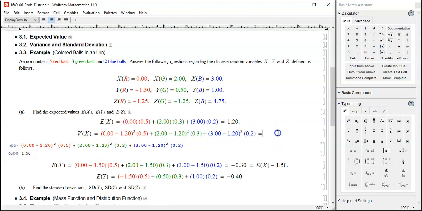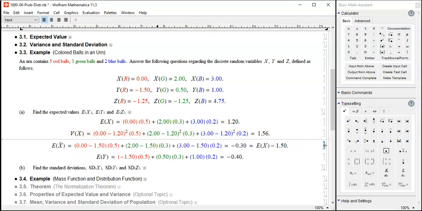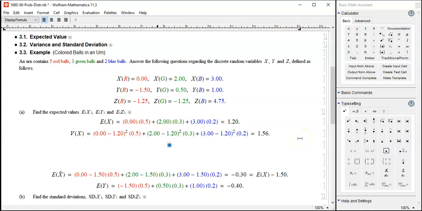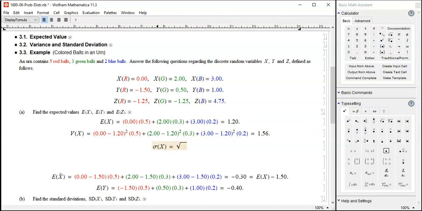$1.56. Okay, looks like that's the variance. Now, standard deviation. That's the square root of the variance.